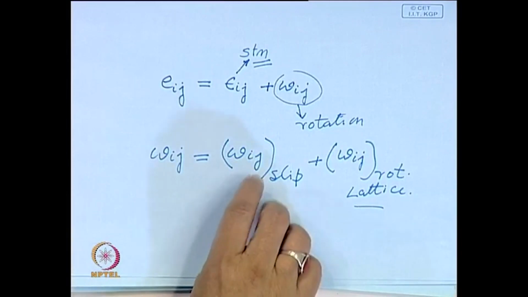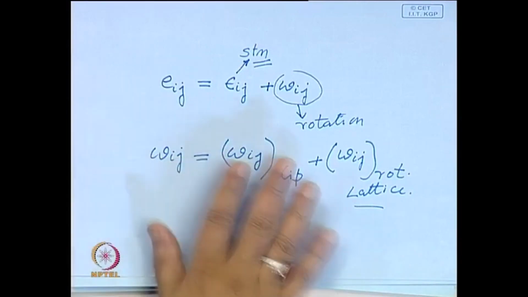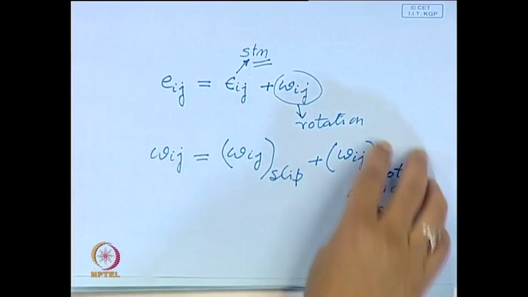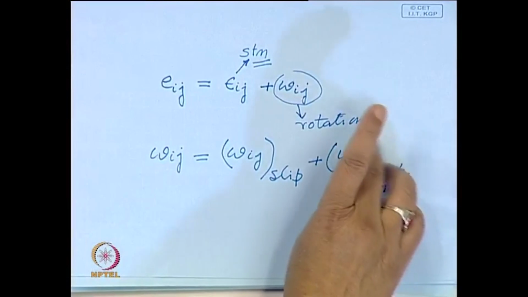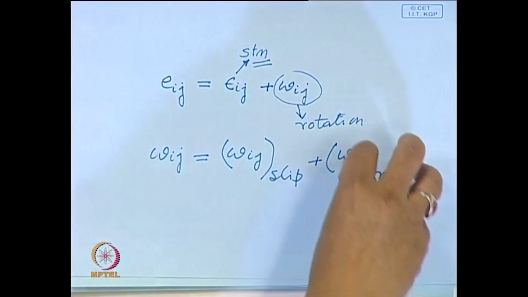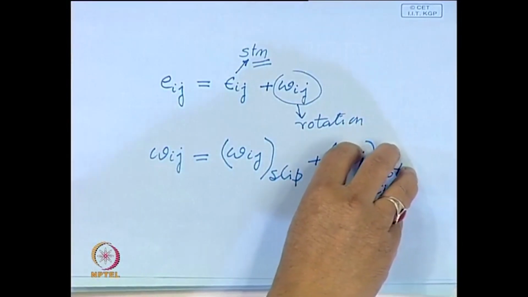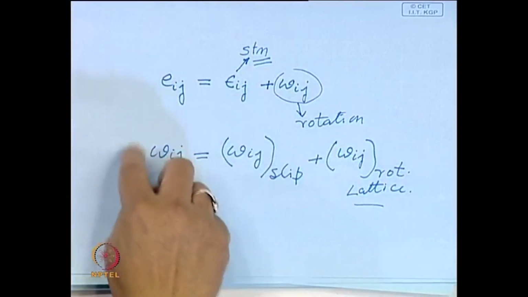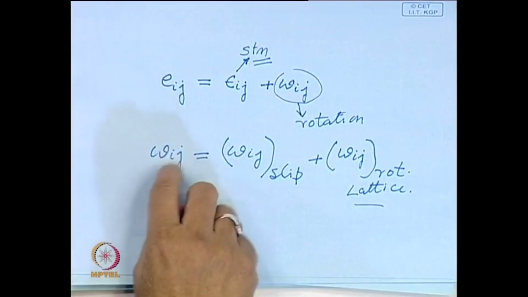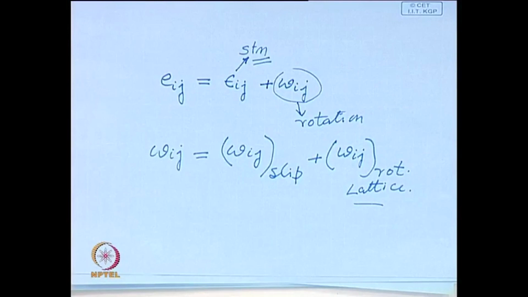Now, to ensure the grains remain continuous with no crack, each grain must have a different lattice rotation, and together they will give a combined rotation, which is the same for all grains.